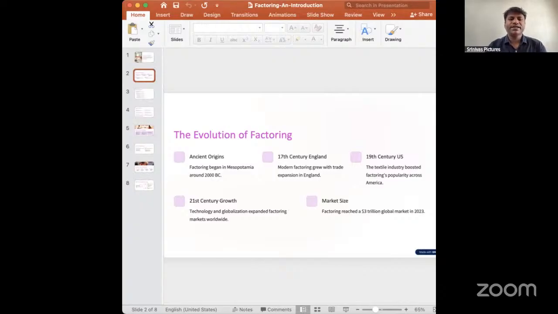The term factoring originally comes from the Latin word facere, meaning to make or to do. That is, to get things done.